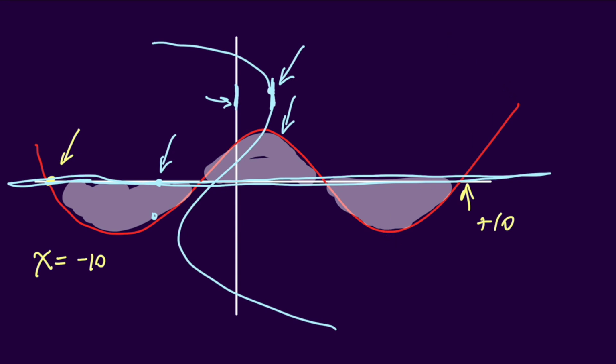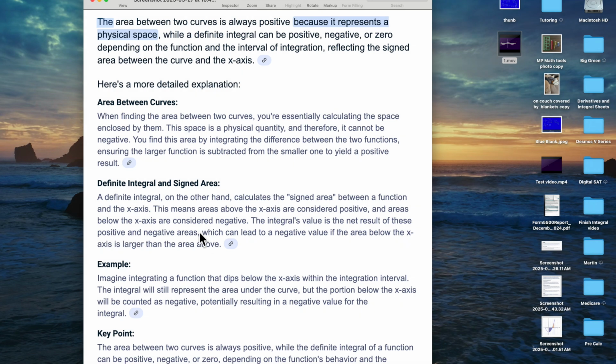I typed this into Google, and I think this is an excellent explanation of what we've been talking about the last few minutes, if you want to take a screenshot of this. Basically, it says, here's the key point. The area between two curves is always positive, while the definite integral of a function can be positive, negative, or zero, depending on the function's behavior and the integration interval.